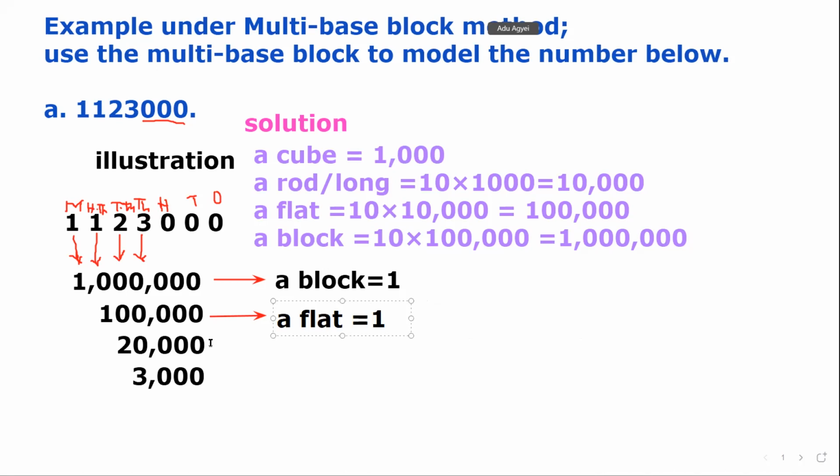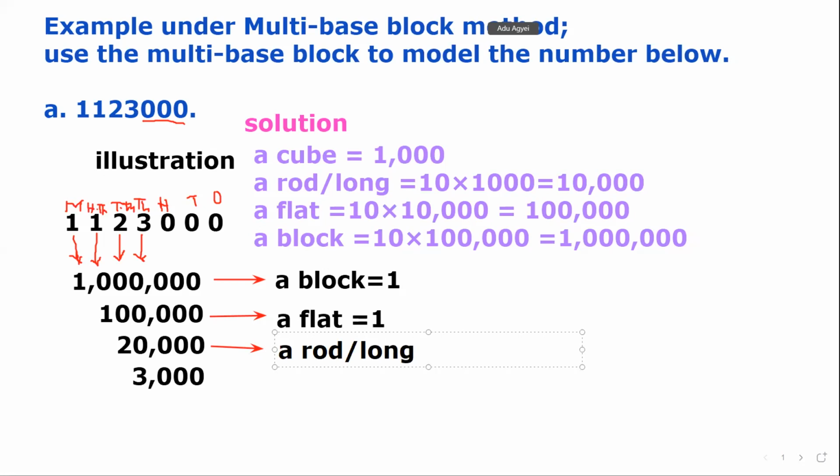Then when you come to the 20,000, the key that will be much appropriate to represent the 20,000 will be, per what we have here, a rod or long.